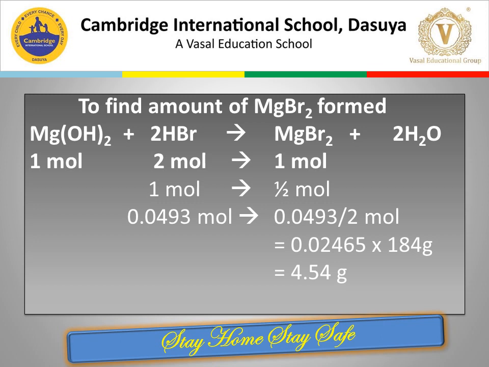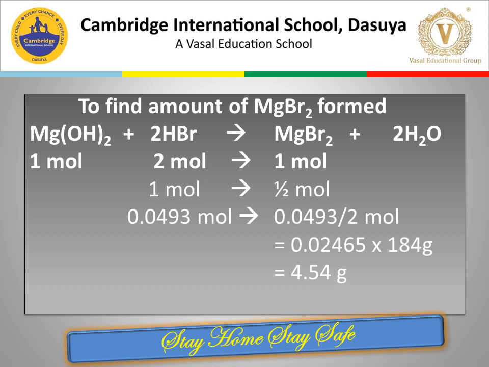So the magnesium bromide is half the mole of the hydrogen bromide which has reacted. Since 2 mole of HBr gives 1 mole of magnesium bromide, therefore 1 mole of HBr will give half mole of magnesium bromide. But the number of moles of HBr that we have is 0.0493 mole, and this will form 0.0493 upon 2 mole of magnesium bromide.